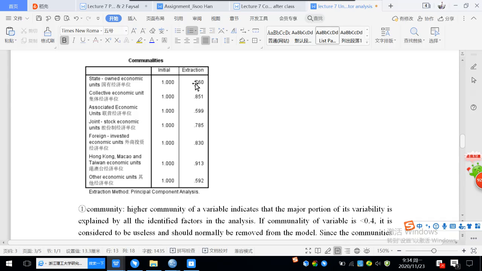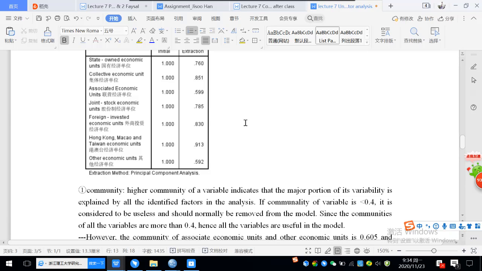Okay, so here, the second, collective economic unit, initial 1, and the extracted factor can explain 85.1% of the information. So it's very good. But let's look at here.